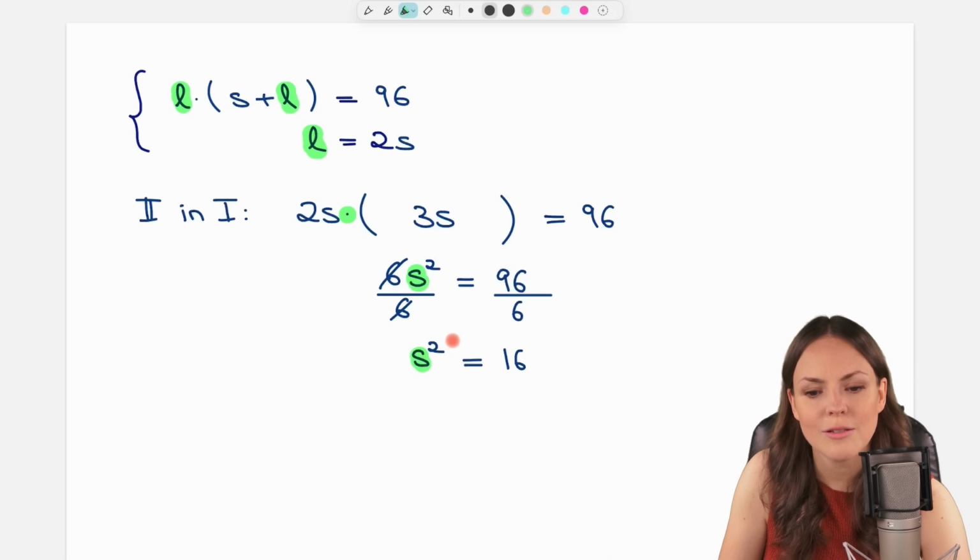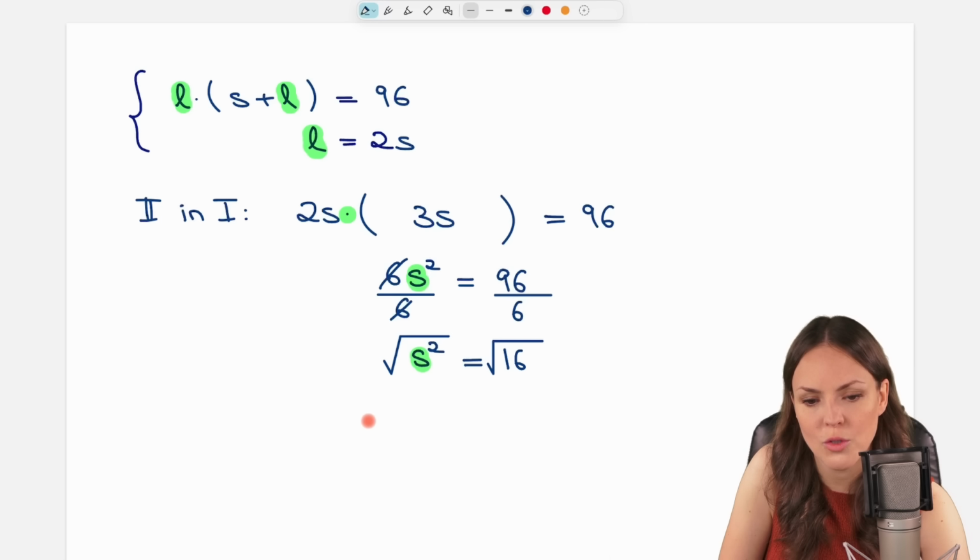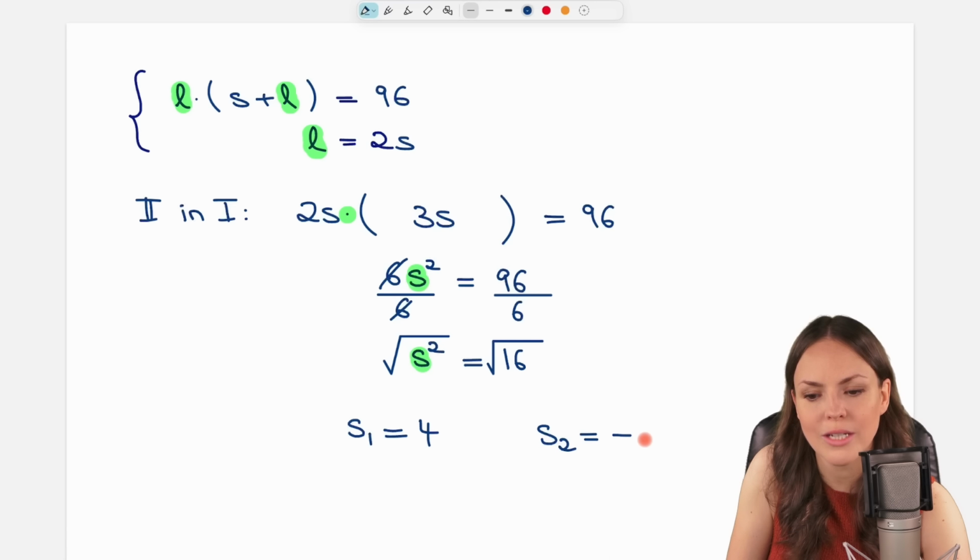To solve for S, let's get rid of the square here by taking the square root on both sides of the equation. If we do this, we get two solutions for our S. So we get a first positive solution that I call S1, and a second negative solution, S2 is going to be negative. The square root of 16 is equal to 4, and then we also get the negative 4.